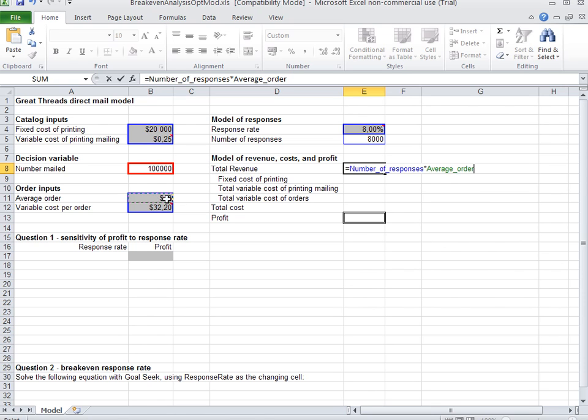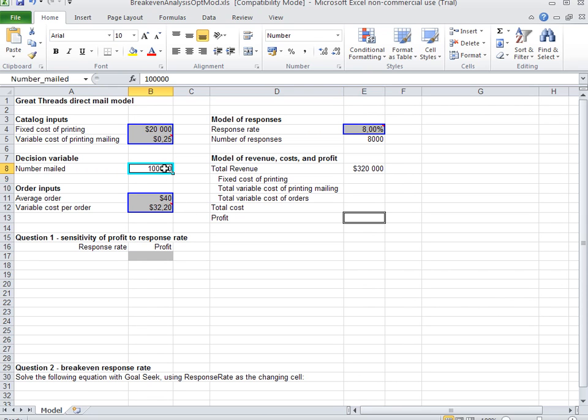Okay, now this means that the total money coming in right now with these numbers, with this decision on how many mail order catalogs to send out, well, the money coming in is $320,000.